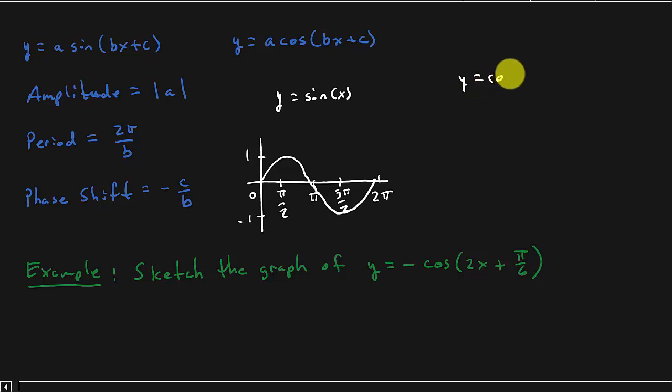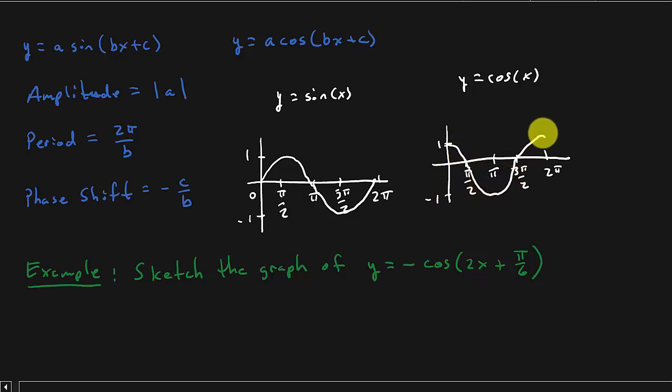And if you have y equals cosine x, that graph is going to look like this. That's 2 pi, 3 pi over 2, pi over 2, 1, negative 1. So cosine would look like this, okay? I don't have time to teach you how to graph. I'm just refreshing your memory.